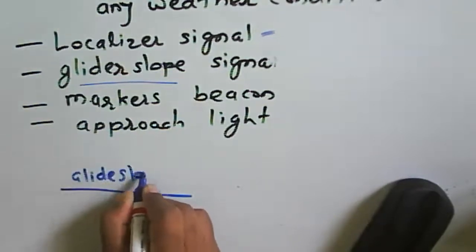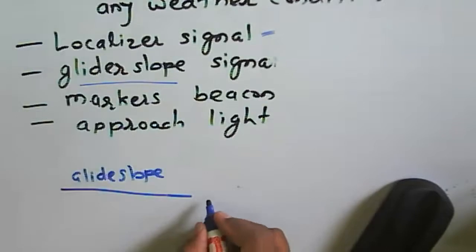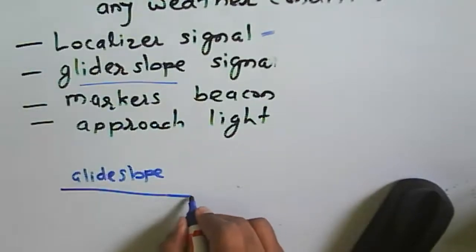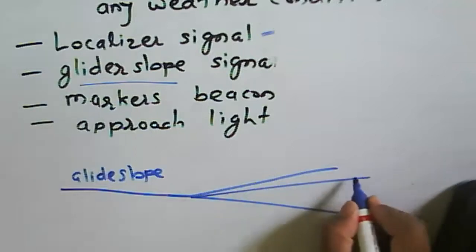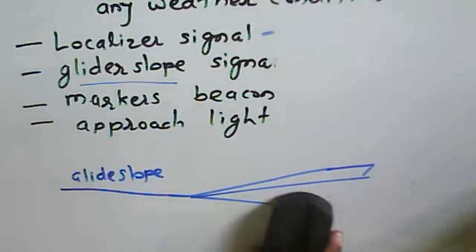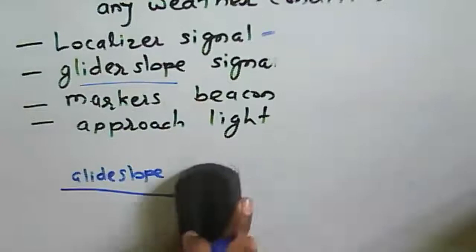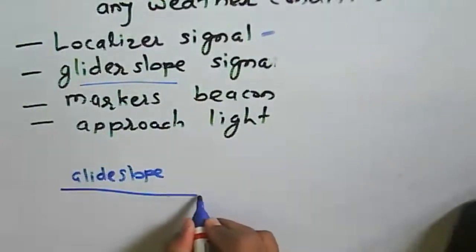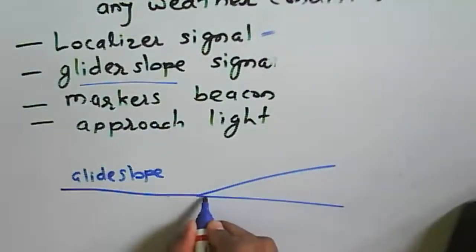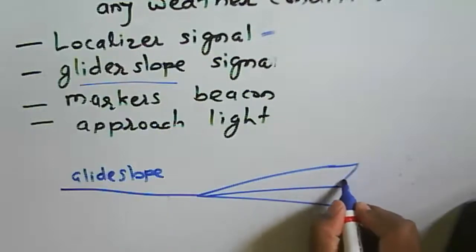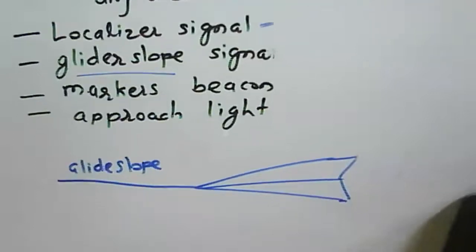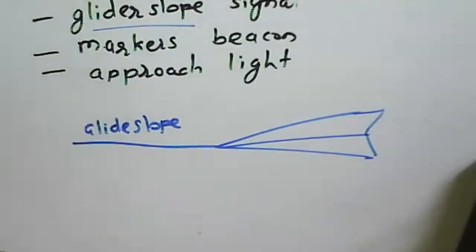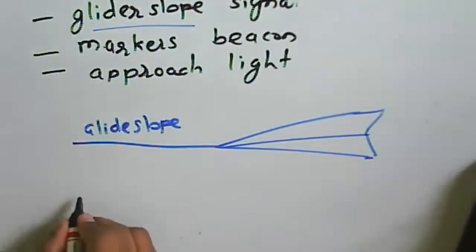You can have a glide slope there, and then it has two different markers. Then we have the localizer too, and we consider the information.